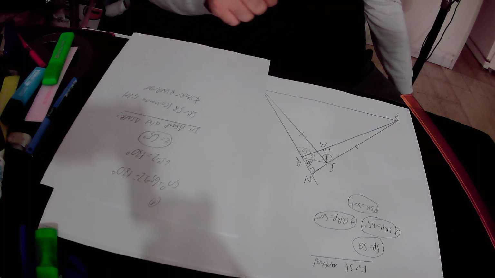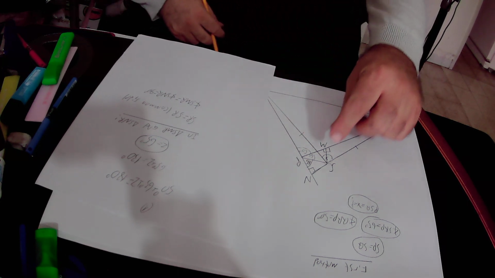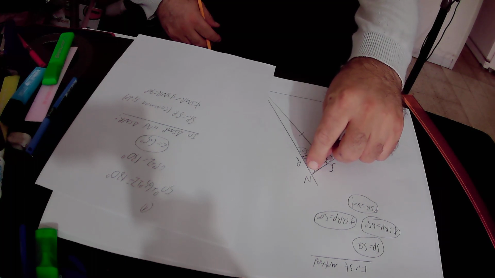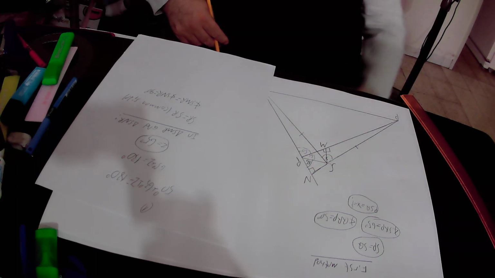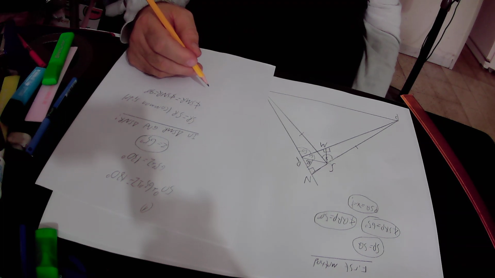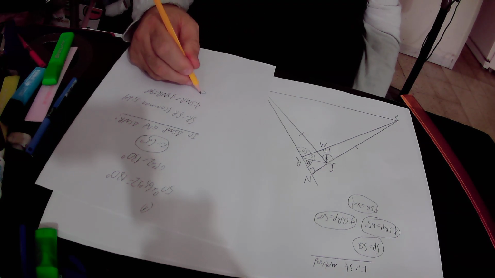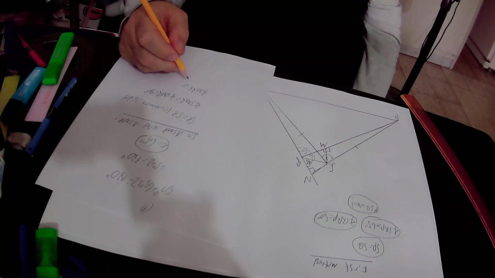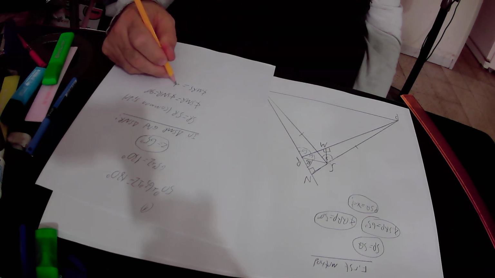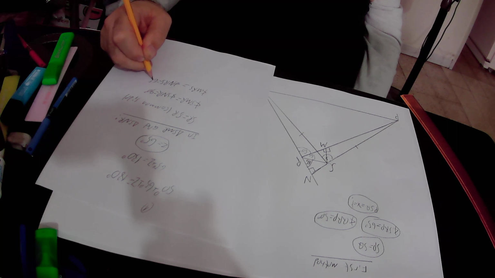And we also know that those two angles are equal to each other, and they are both equal to 65 degrees. That is to say, angle MRS equals angle NRS, and they are both equal to 65 degrees.